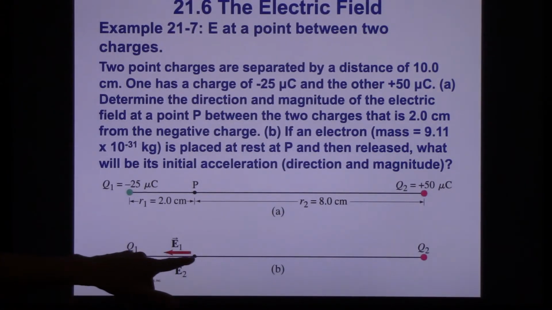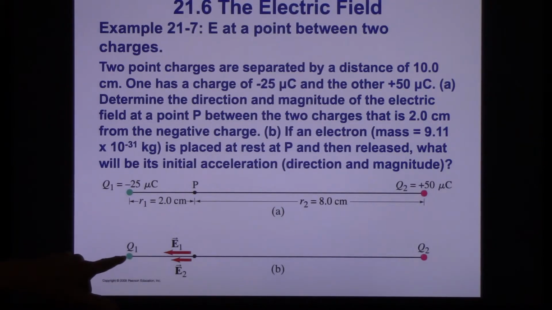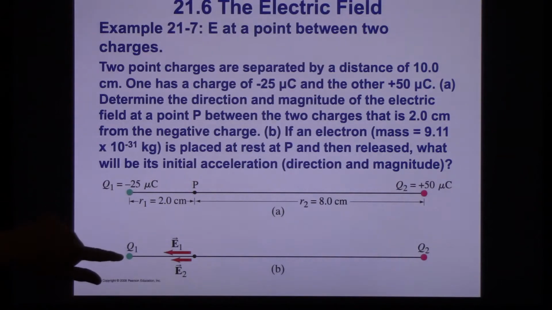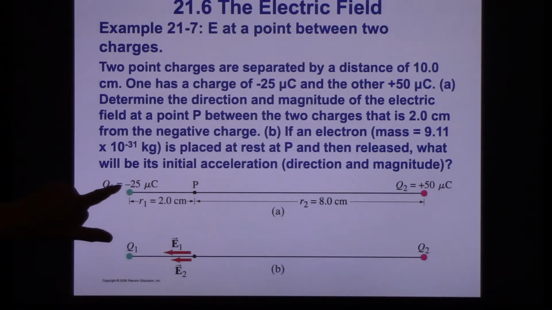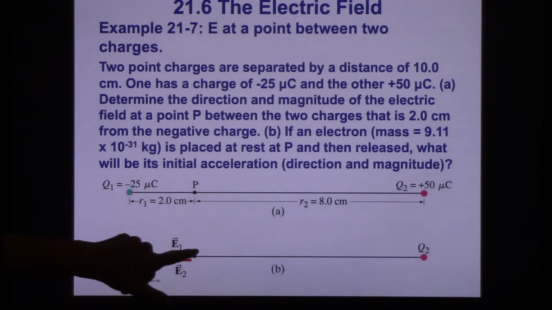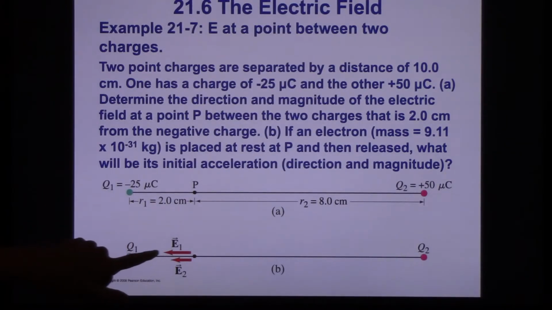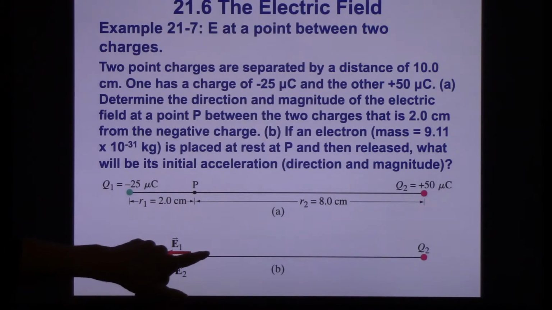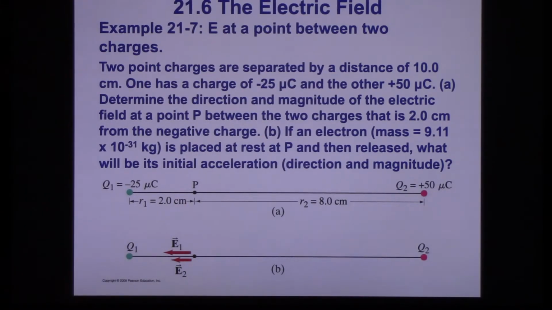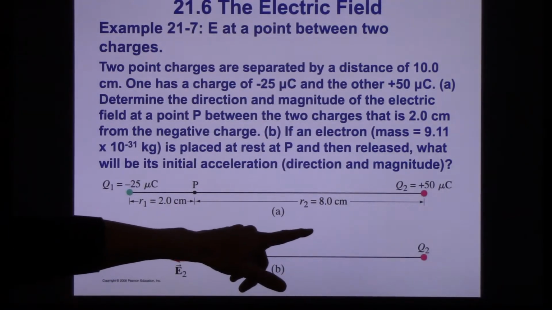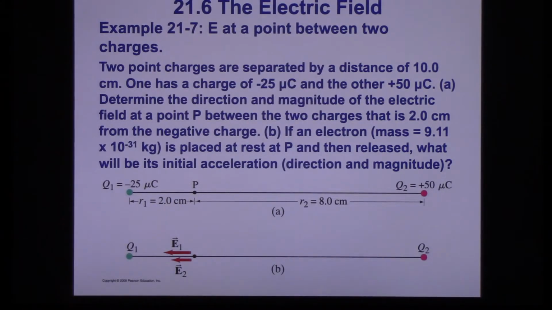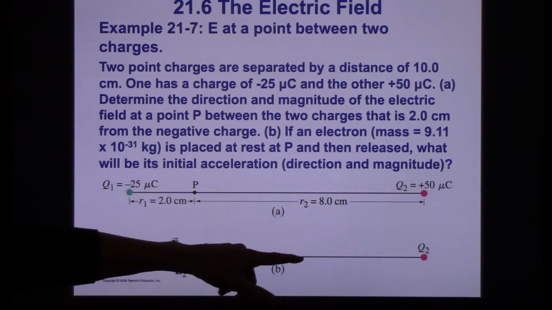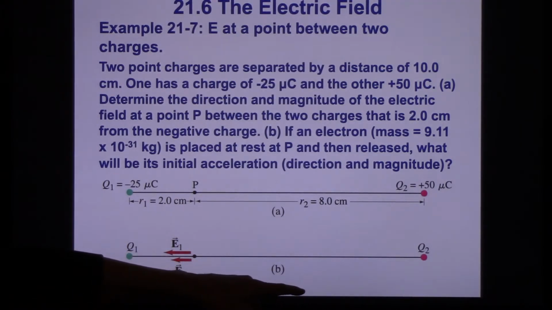Well, at point P, charge 1 has an electric field directed back towards charge 1 because it's a negative charge. So the electric field due to charge 1 looking at point P is going to be directed back towards charge 1. Charge 2, on the other hand, is positively charged. Its electric field will be directed away from charge 2.